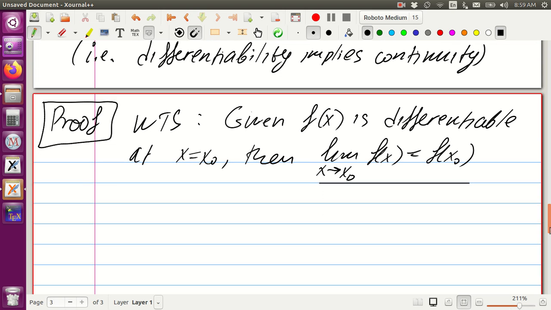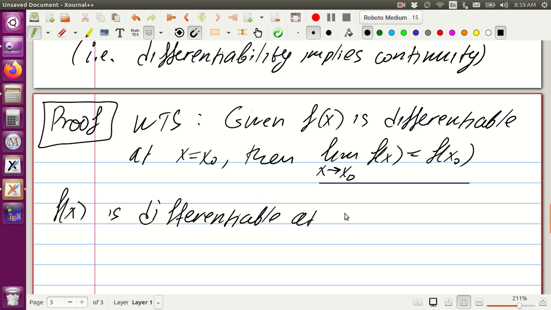All right, so let's start. f of x is differentiable at x equal to x sub 0. What does it mean?